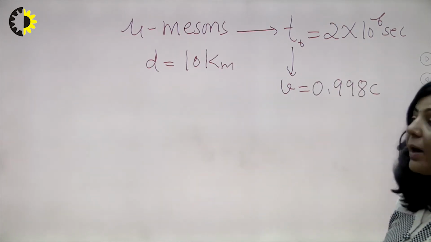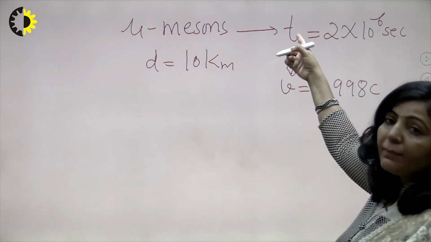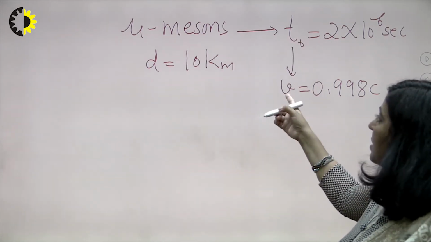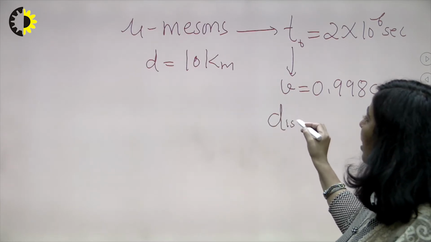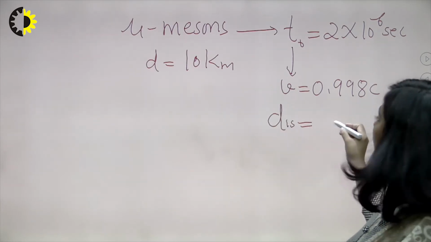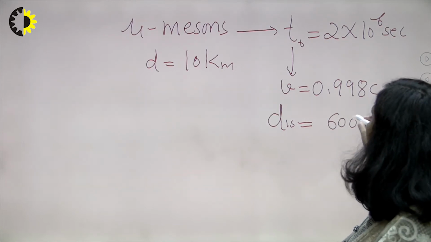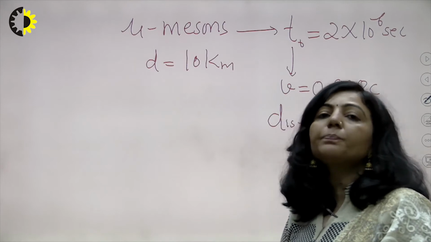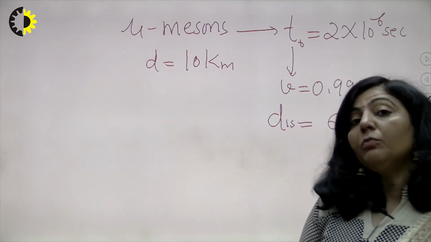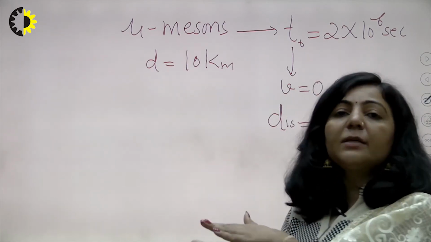So if you calculate how much distance they can travel in this lifetime with this speed, the distance traveled by these mu mesones in their average lifetime is only 600 meters. But these mu mesones are also present at the surface of Earth.